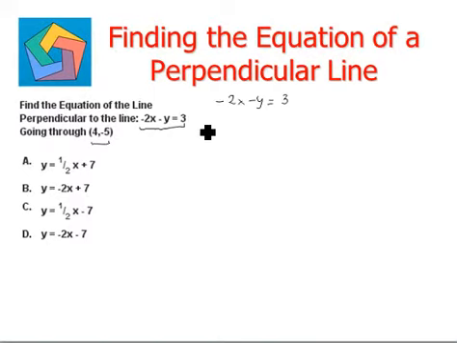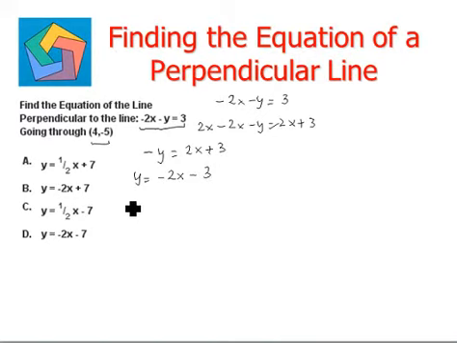For that we add 2x to both sides, and we are left with negative y equals 2x plus 3. In order to make the y positive, we divide by negative 1 on both sides and we get y equals negative 2x minus 3.